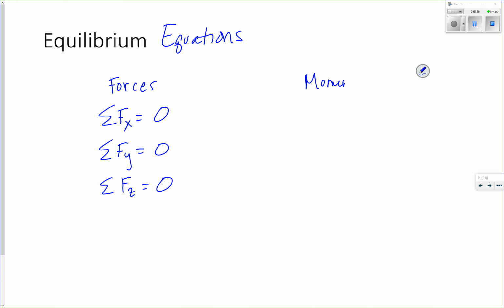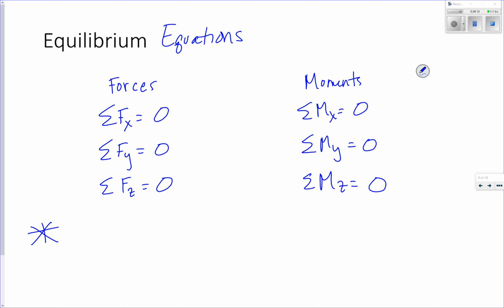Moments. Sum of the moments about the x-axis is 0. Sum of the moments about the y-axis is 0. Sum of the moments about the z-axis is 0. These laws apply to both the entire structure and any single part within a structure.